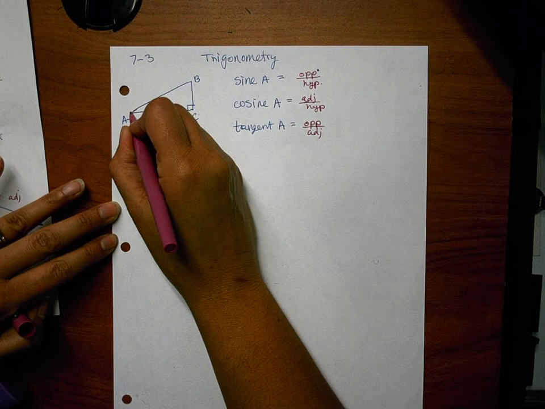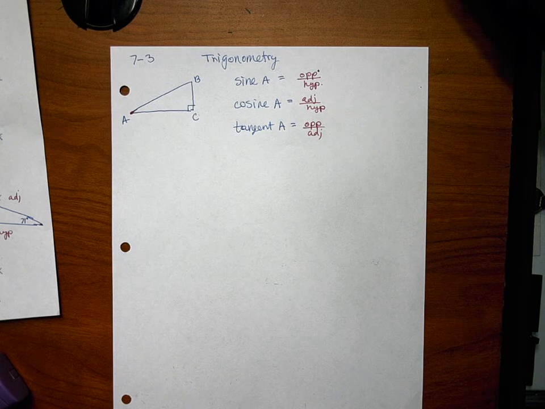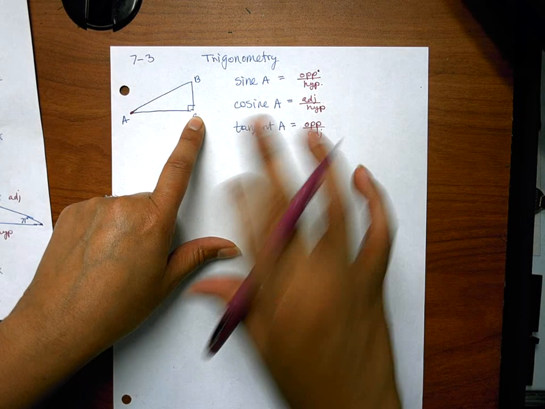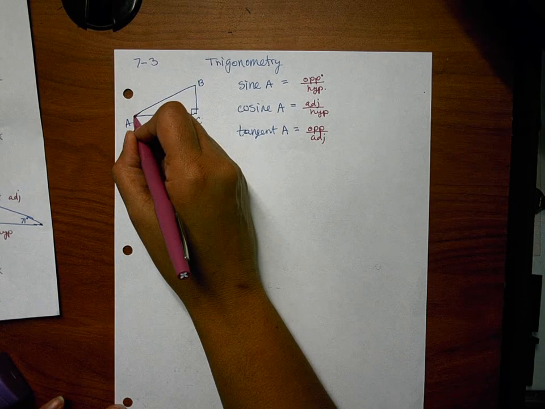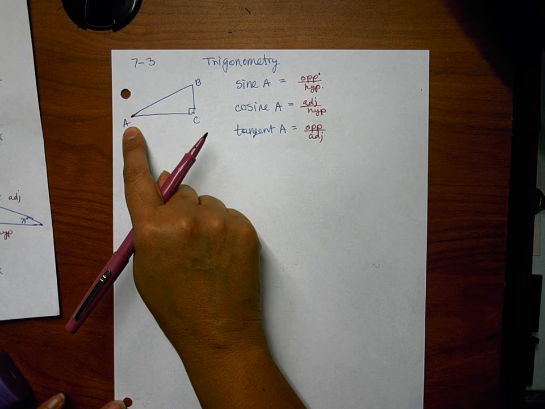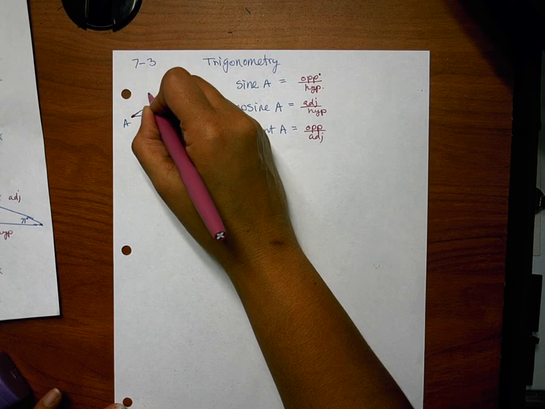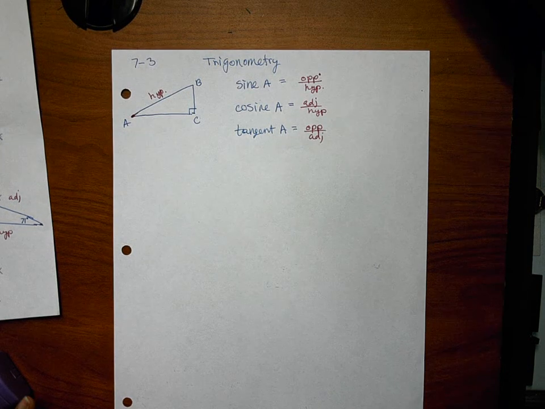So since I'm asking for sine of A, it's not always going to be angle A, it might be angle B. In this class, we will not ever work with the right angle when we're dealing with sine, cosine, tangent. You will do that in advanced math. Okay, angle A. Now, in reference to angle A, what is opposite, which one's adjacent, which one's hypotenuse? Now, hypotenuse is always opposite the 90.